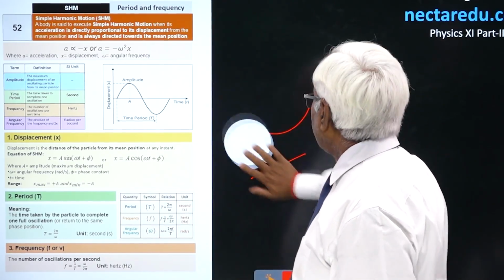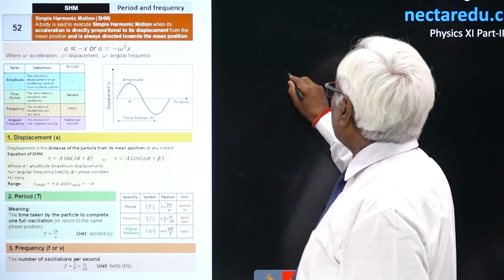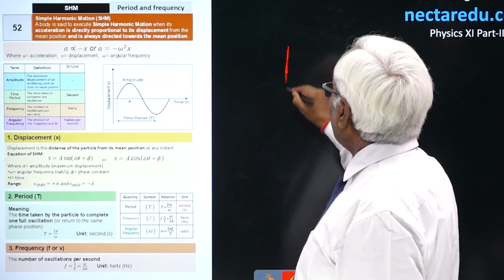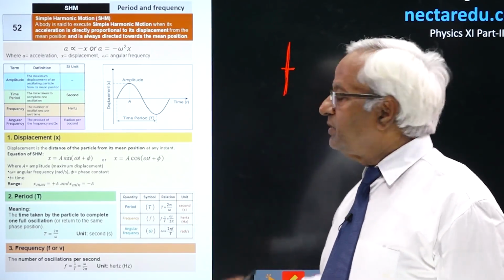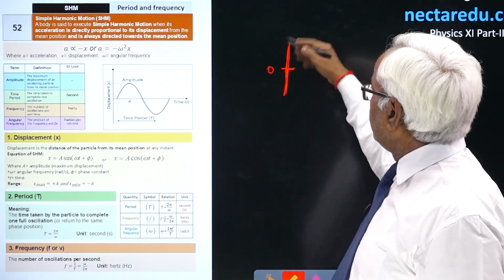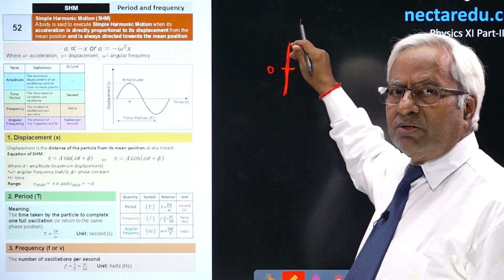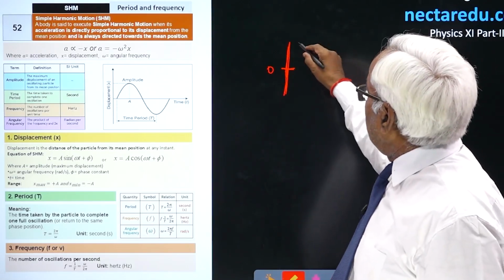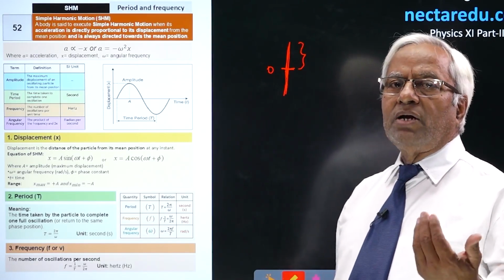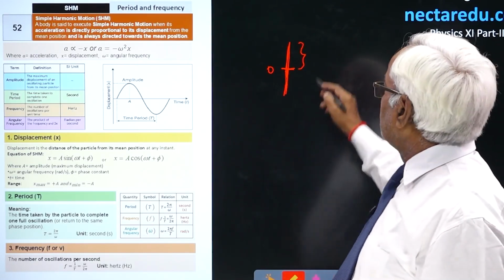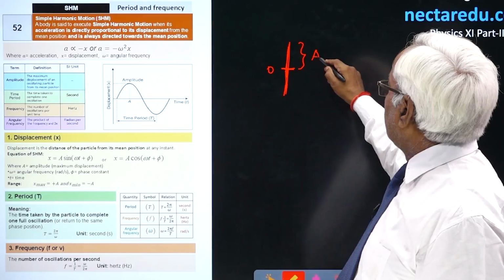Now you see a particle having larger amplitude. What is amplitude? Amplitude means the maximum displacement from the fixed point, the mean position, around which to and fro motion takes place. This would be known as amplitude.